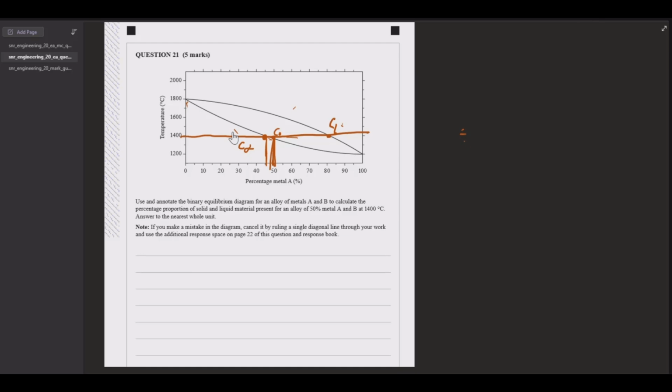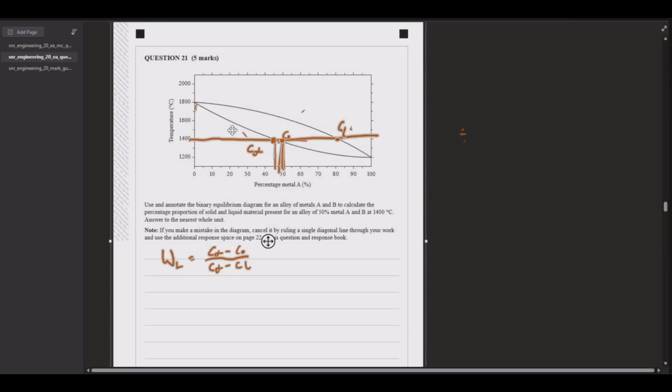So we're looking for the percentage portion of solid and liquid, and that's pretty easy. It's going to be W liquid. It's going to be C alpha minus CO over C alpha minus CL. You can either remember that, or you can remember that if you want the right side, then you're going to take the left portion, the left side of the origin point, divided by the entire length, because that's what we're doing in this question.